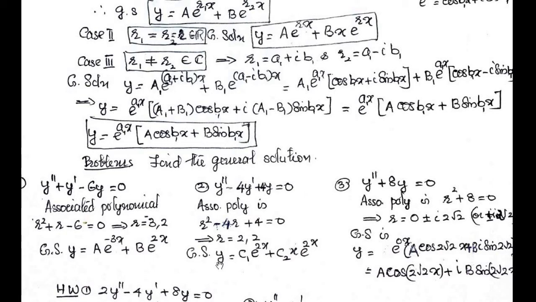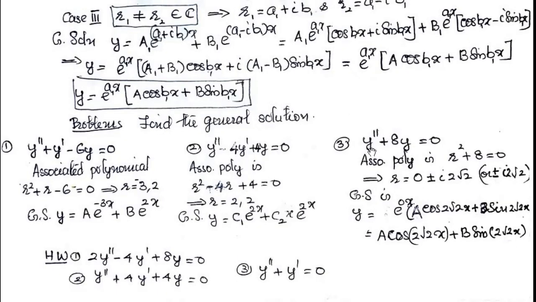It is y is equal to c1 e raised to 2x plus c2 x e raised to 2x. This is the most confusing case, so be careful when you get two roots that are the same.